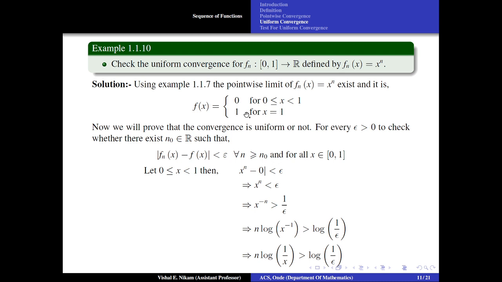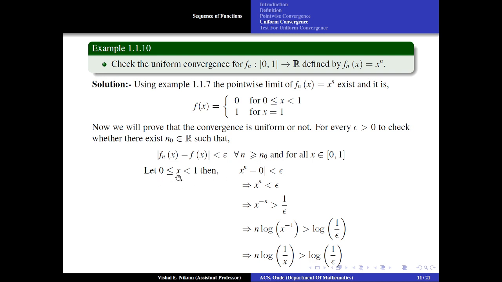We had just calculated that the pointwise limit of this sequence of functions is this f of x, which is 0 if x lies between 0 and 1, and 1 if x is equal to 1. Now we will check whether the convergence is uniform or not. For epsilon greater than 0, we check whether there exists n naught belonging to capital N such that this happens.